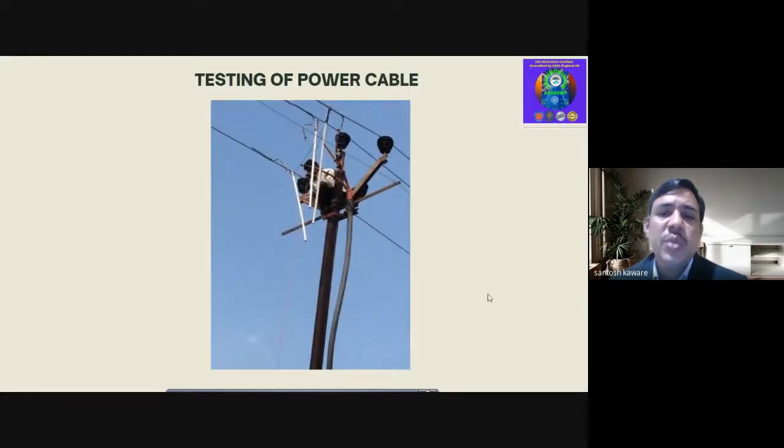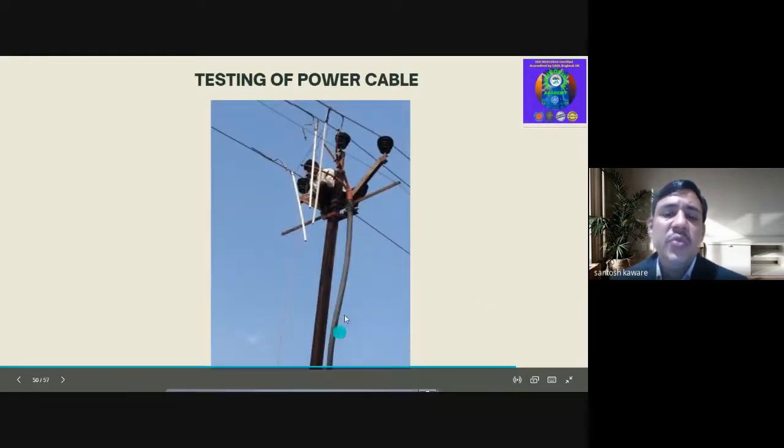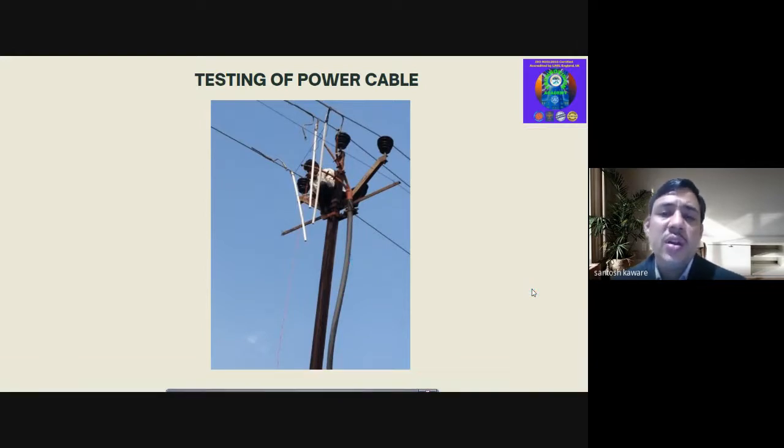Now testing of the power cables. Generally we use them even at 22 kV level, where there is an issue of right of way, when it is not possible to place any overhead line. So then we go for the cables. But generally there is a limitation with the cables, 30 to 40 kilometers only you can use the cable.